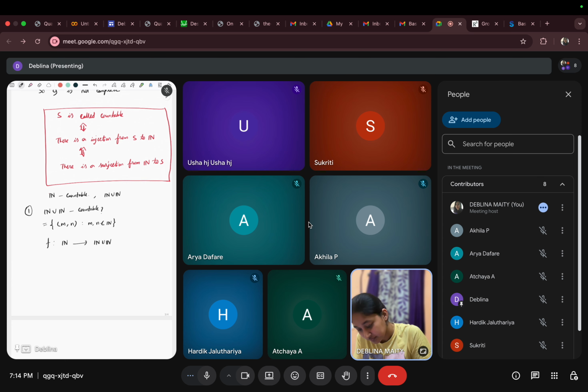You can find this, we can divide N by odd numbers and even numbers, and we'll assign 1 to what?